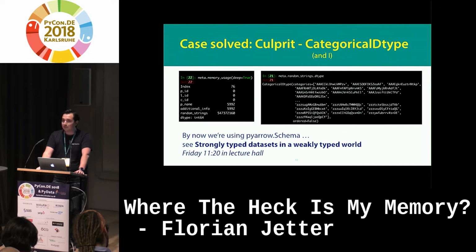So the D type itself carries a lot of memory. So eventually we got rid of this whole empty data frame schema information, and we used proper PyArrow schema information. And as I said before, this is a very interesting topic, and there will be a talk tomorrow about this whole thing, why it is important, how we deal with these issues. But that was actually the culprit I was chasing for basically 3 days.